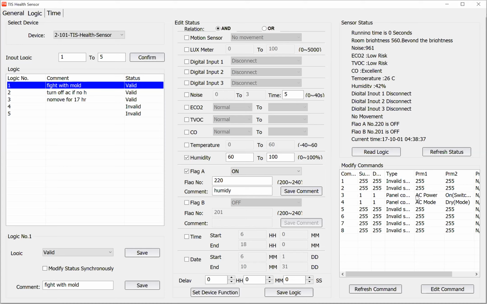Therefore, here, this logic: if the humidity is from 60% to 100%, then turn on the AC. But sometimes the client can invalidate this logic by turning off flag number 220. Do you understand? Okay. Next question.